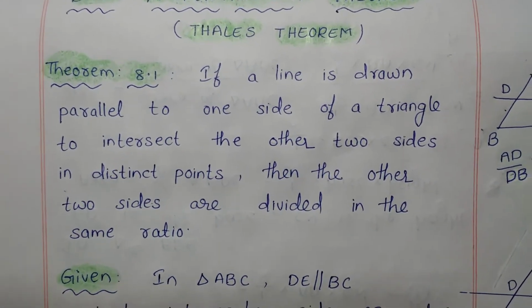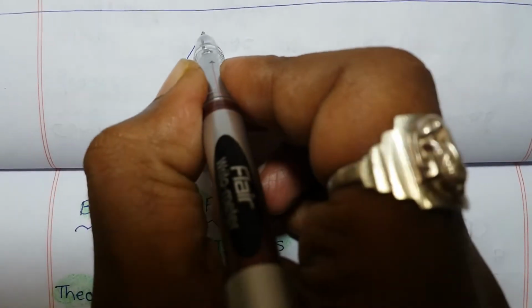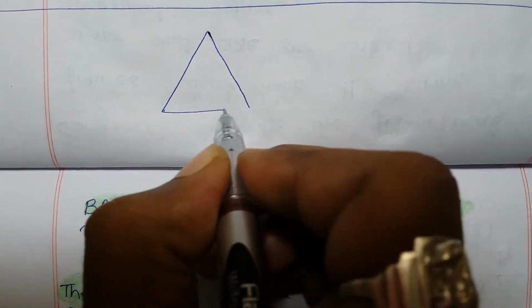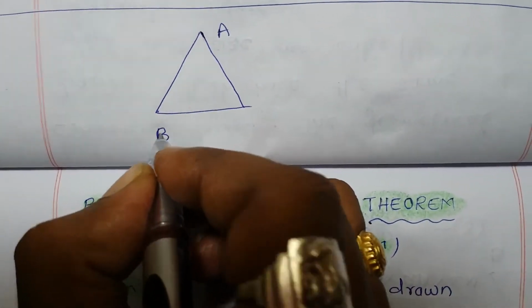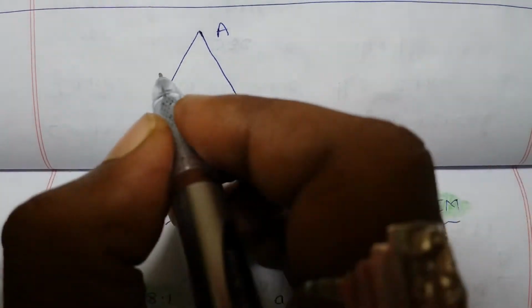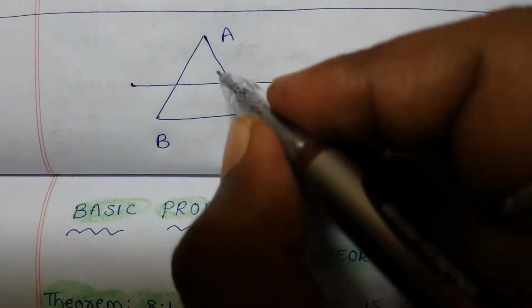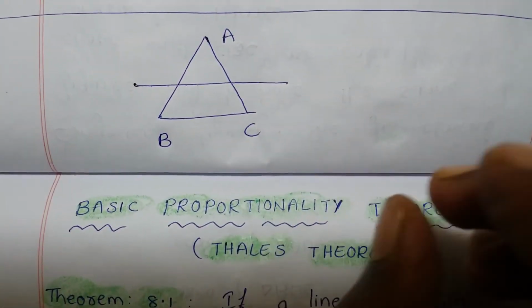So here ABC is a triangle. If a line is drawn parallel to one side of a triangle, it may be any one side, that may be BC, that may be AB, that may be AC.